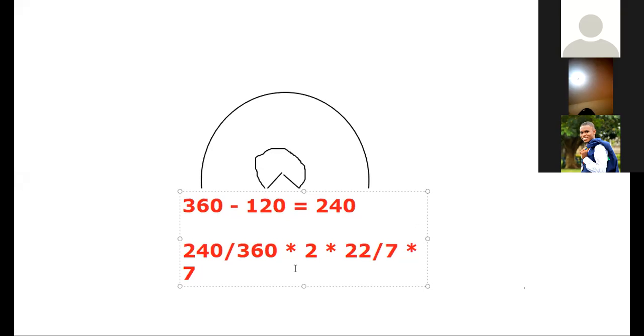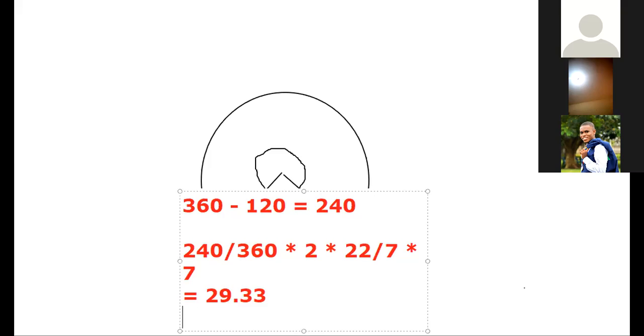So solving for this one, you'll be getting 240 over 360 times 2 times 22 over 7 times 7. And that will give us 29.33.